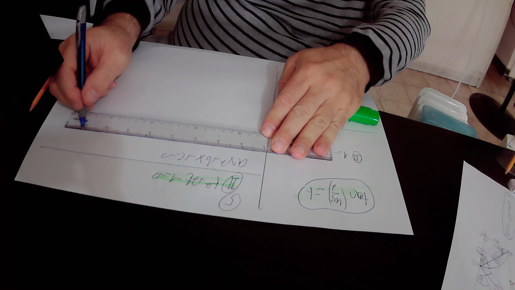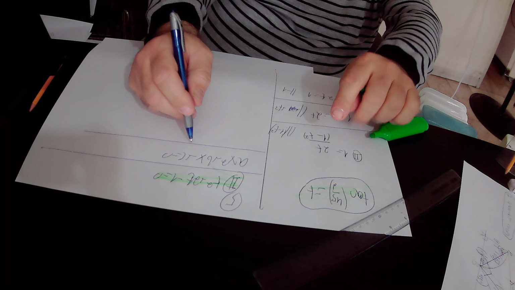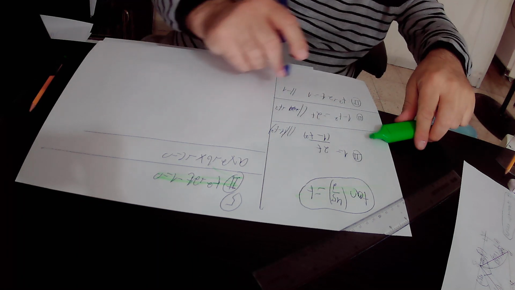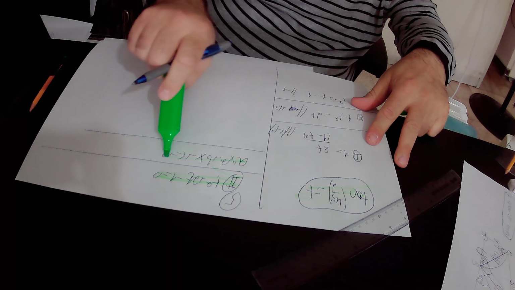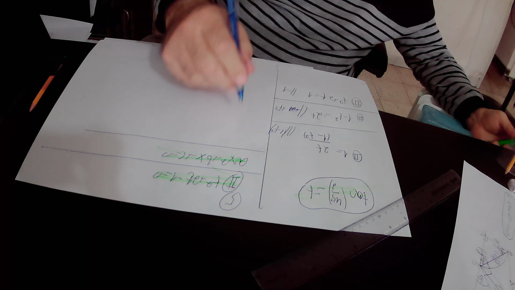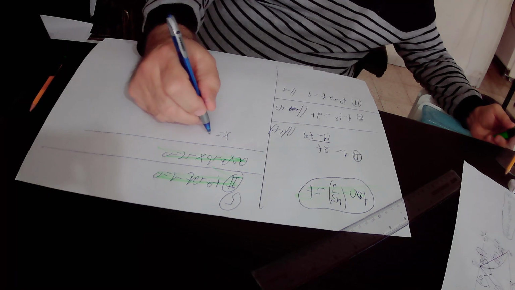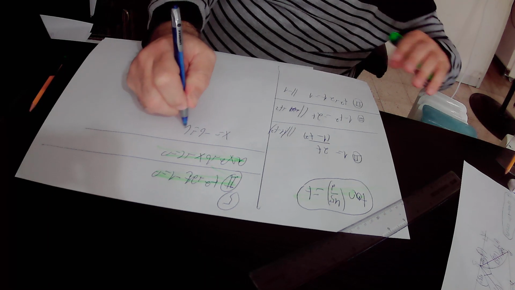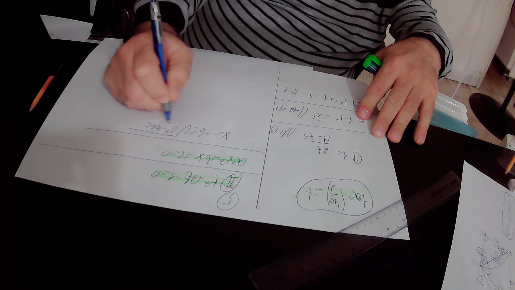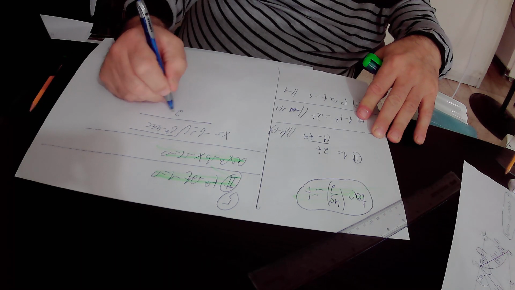In this general formula, a, b, and c are the coefficients of the quadratic equation, and x is the variable that we are looking for. And we find the value of x according to the following formula: x equals minus b plus minus square root of b squared minus 4 times a times c, over 2a.